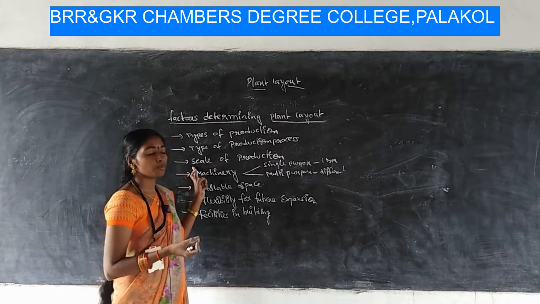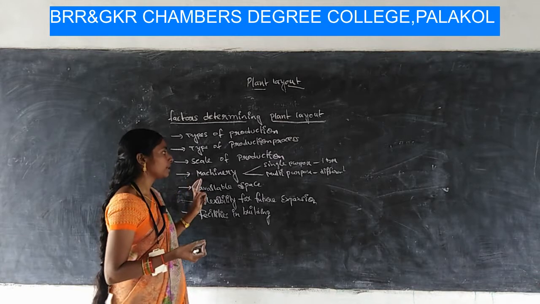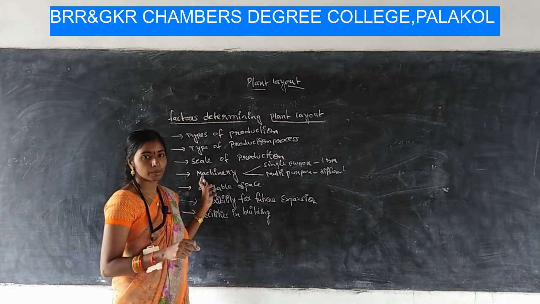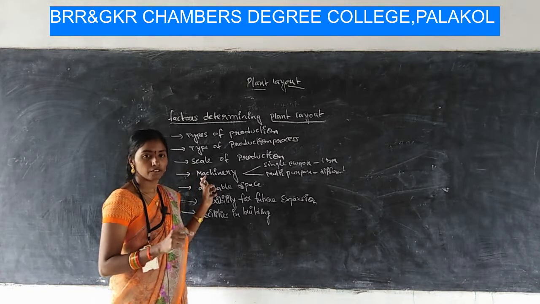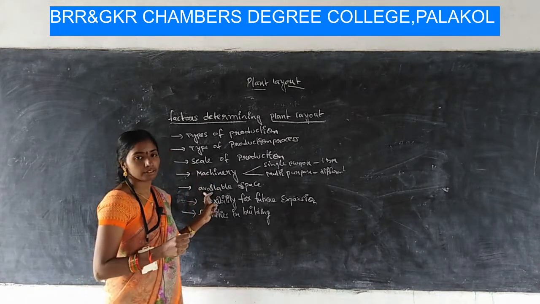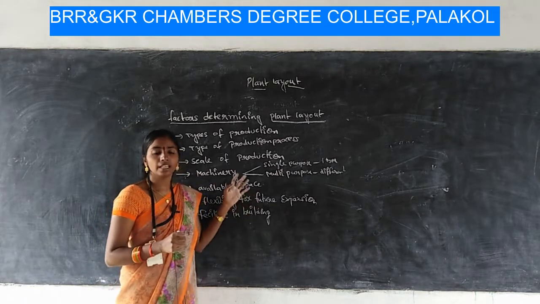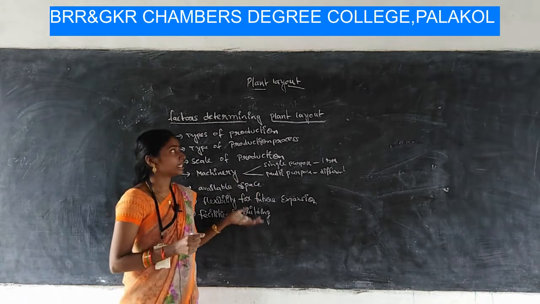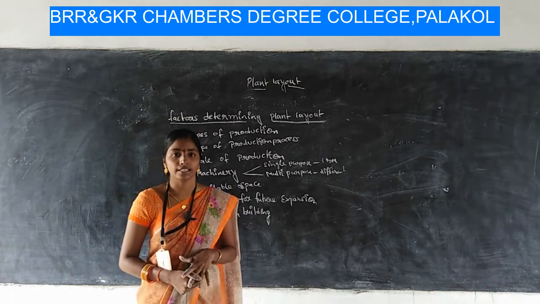Next one, scale of production, large scale or small scale business operations. Machinery, if we are using single purpose equipment or multi-purpose equipment, will also decide the plant layout, and availability of space in the buildings and the facilities in building. These are the factors we need to consider while we design the plant layout for the organization.